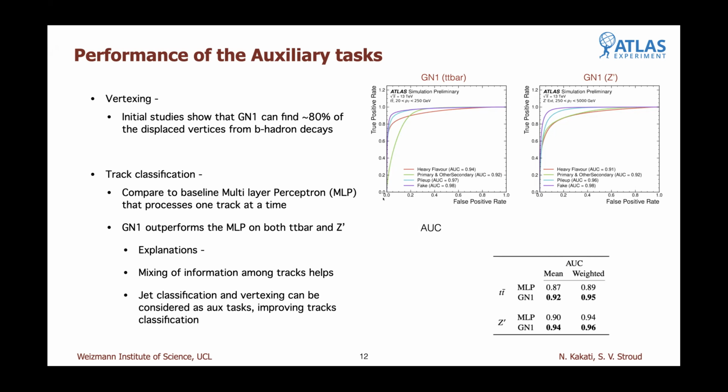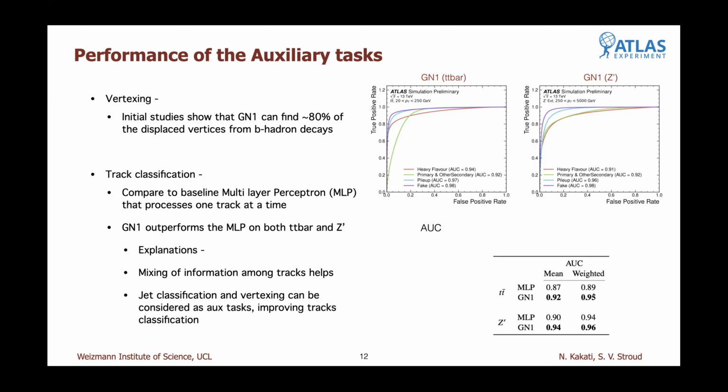On the plot, you can see the ROC curves for GN1 on TT bar and Z prime for different origins. From these ROC curves, you can also compute the area under the curve. The table shows the area under the curve, and we see that GN1 shows better track origin classification compared to the baseline MLP.